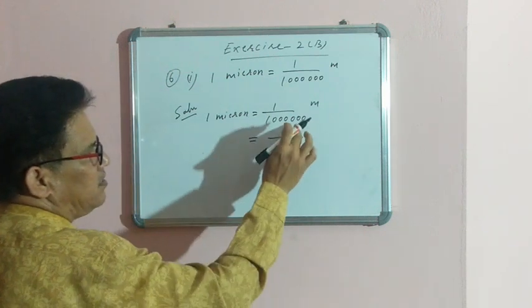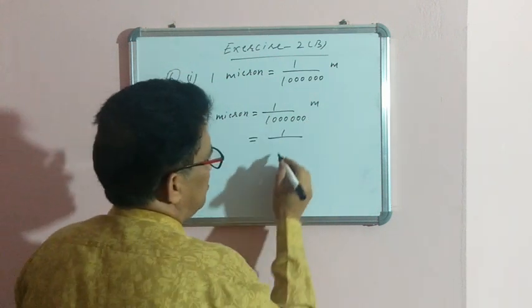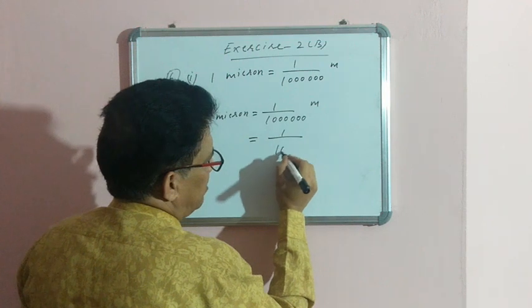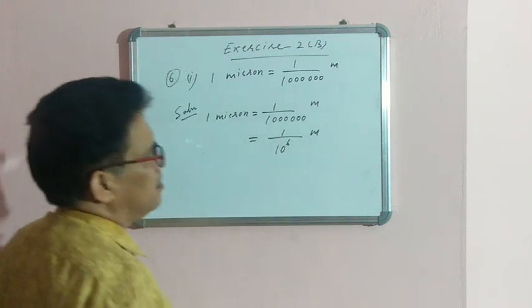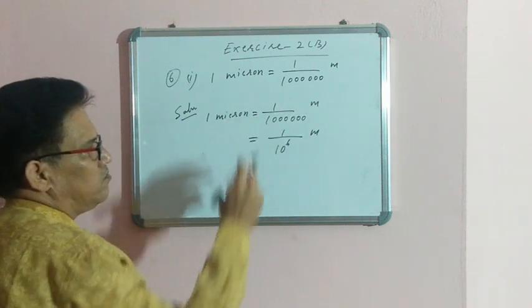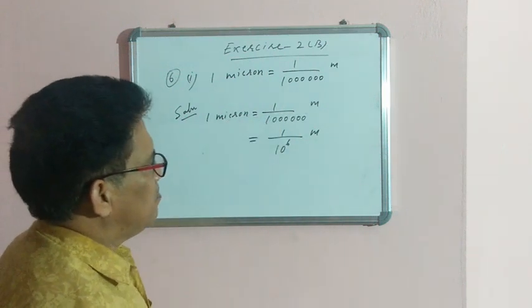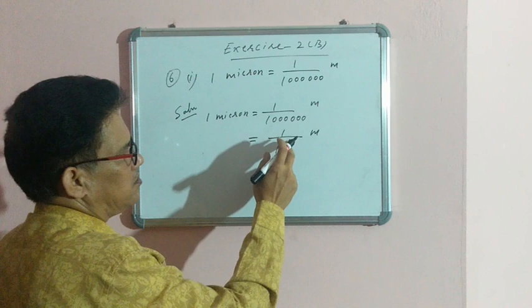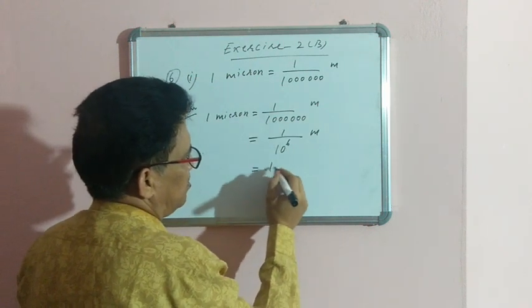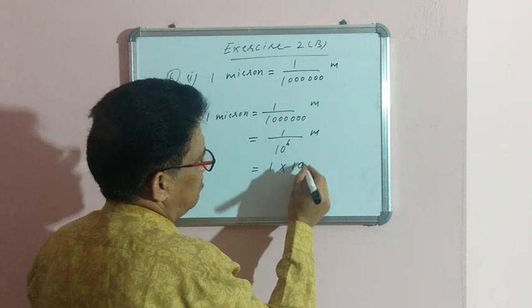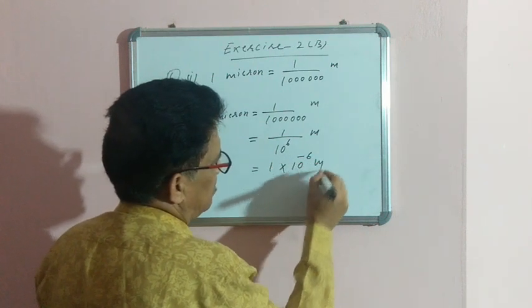So we can write this as 10 power 6, again meter. Now when it goes to the numerator, the power will change. This is positive, it will become negative. So this is equal to 1 into 10 power minus 6 meter.